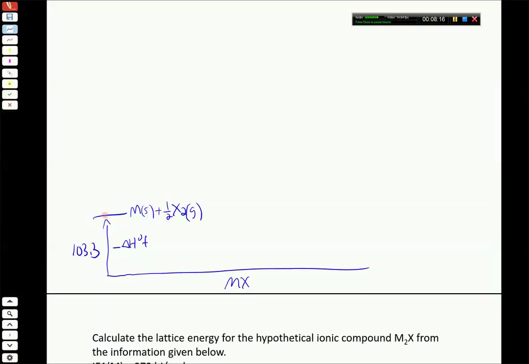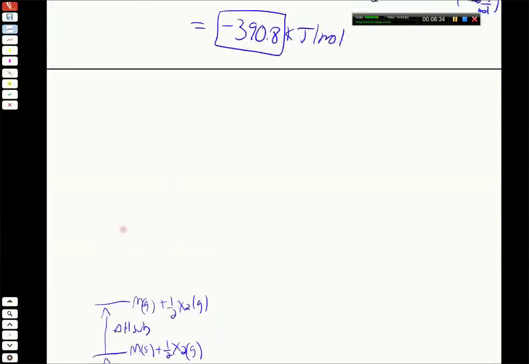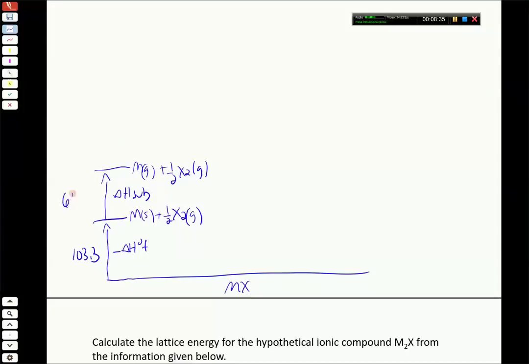The next step is going to be to sublimate and ionize the metal. So we're going to take the metal that's a solid and make it into gas phase first. And so this term here is sublimation enthalpy, which for the metal, as we said, was 66.5.